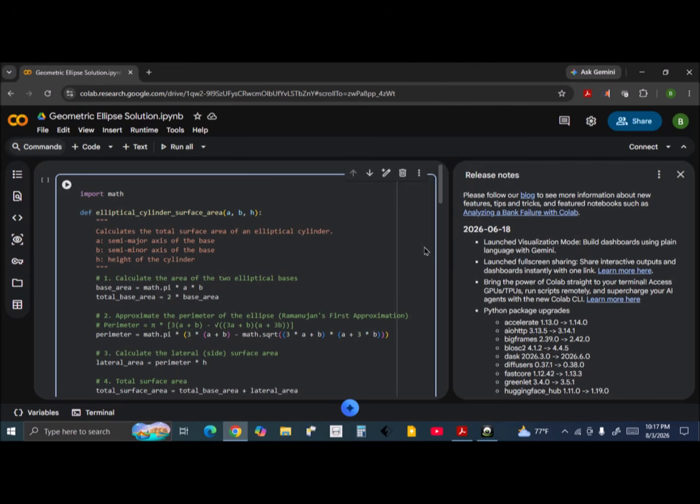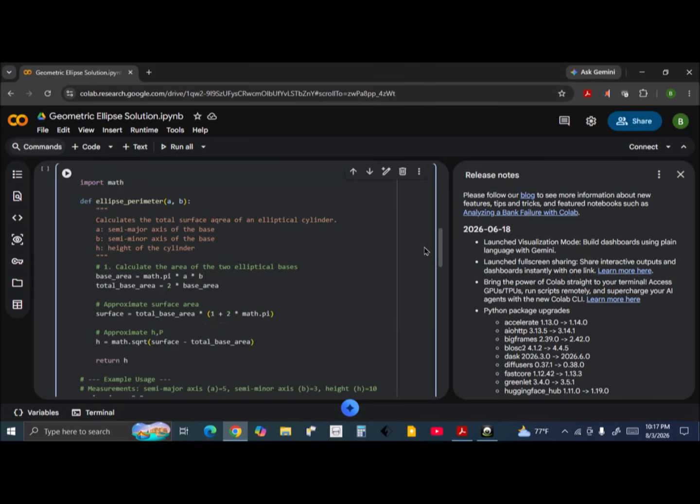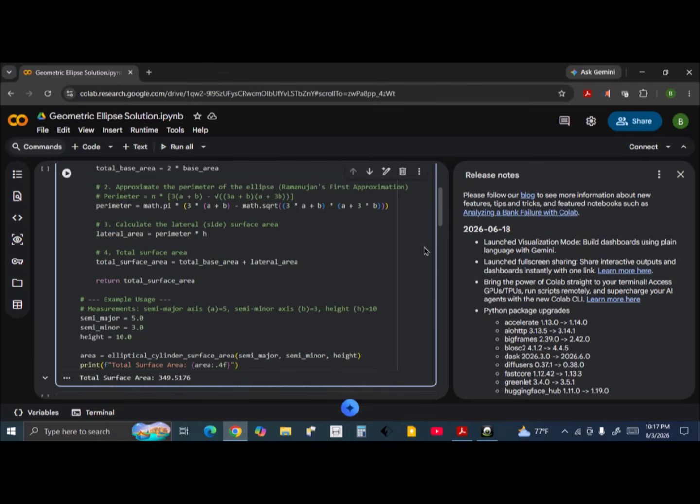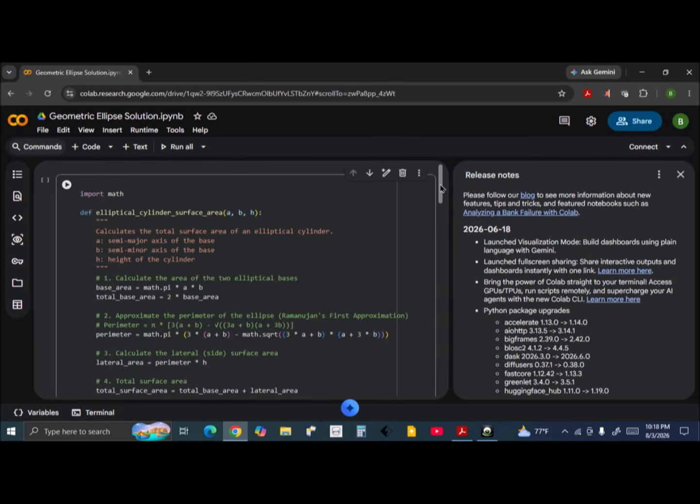So here is the Python code that will calculate the surface area of an elliptical cylinder.